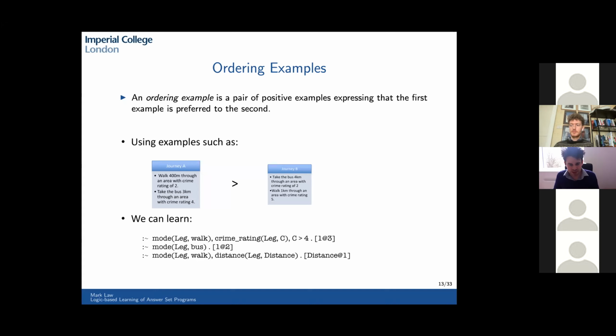But just roughly speaking for now, we can think of it in terms of one example is preferred to the second. Now, given sufficient examples of this form, we can learn the weak constraints that I showed you on the previous slide.